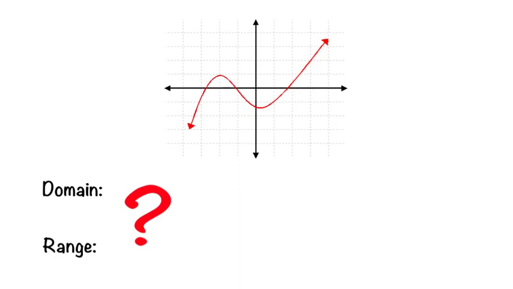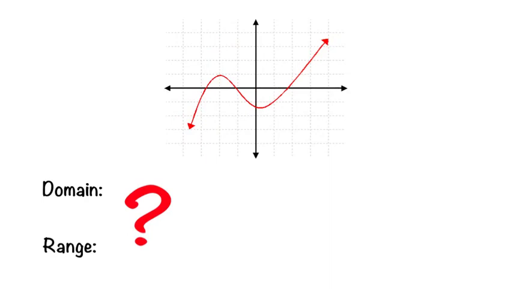Let's take a look at this graph. Notice that this graph has a relative maximum point here and a relative minimum point here, but those don't matter. We're just looking at the lowest point, which is an arrow, the highest point, which is an arrow, the farthest left arrow, farthest right arrow. That means it's going to go forever, both in the left and right direction, and up and down.